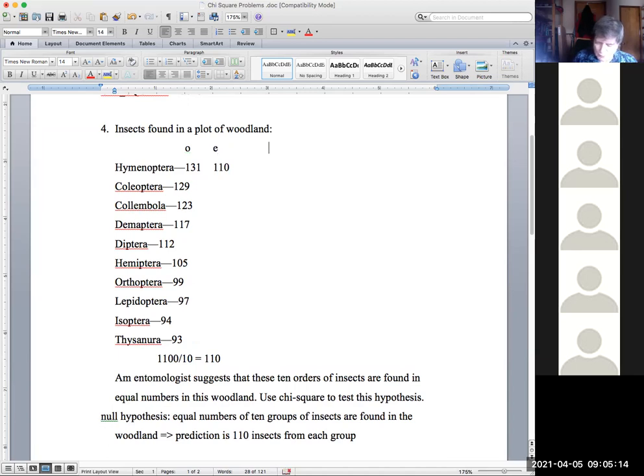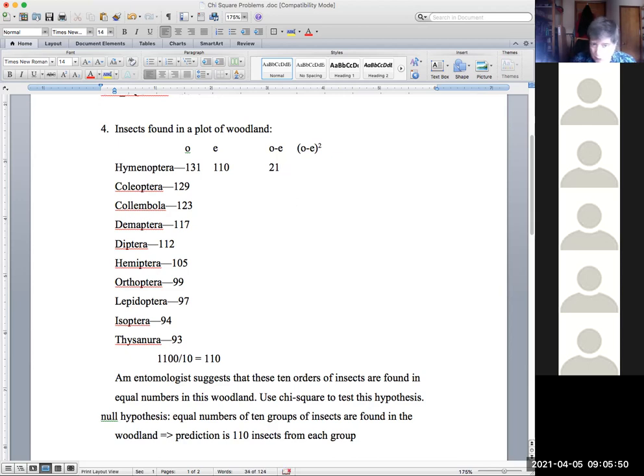So then we can do observed minus expected. So for this first group, this will be 21. And then you're going to do observed minus expected, quantity squared. So in this case, this will be 400.